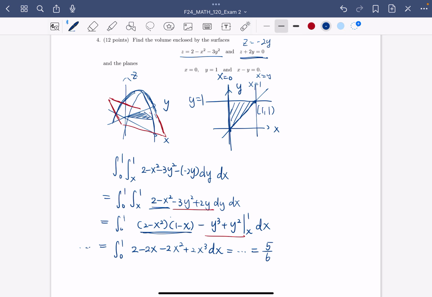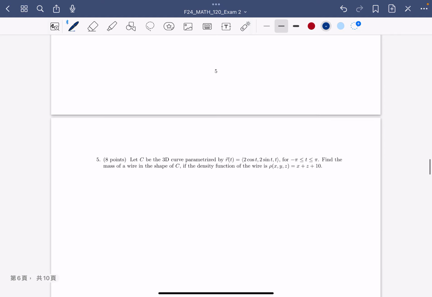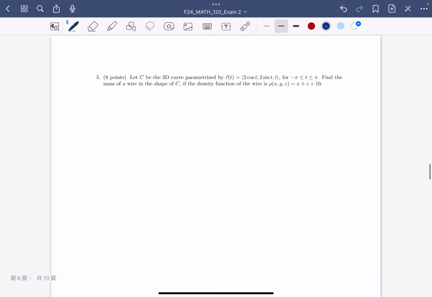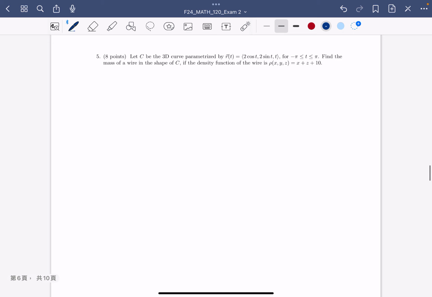Okay, for the next question. Okay, you have a 3D curve C parametrized by this vector for t between minus pi and pi.